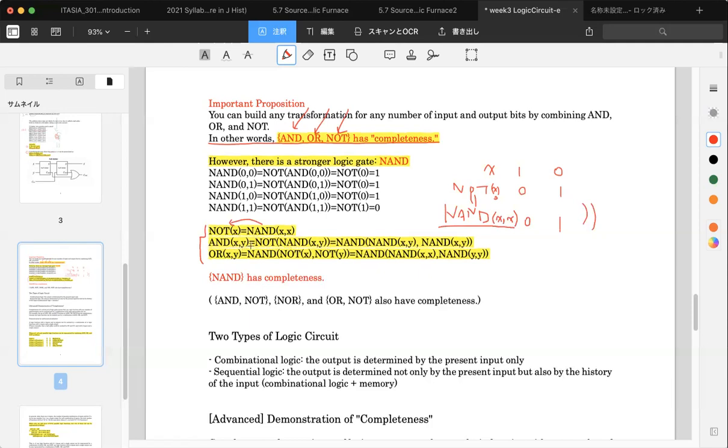So NAND is the expression for AND, and since we have already seen that NOT can be expressed by NAND, we can replace it and it expresses the AND function again. And for OR, it's just NAND(NOT x, NOT y).